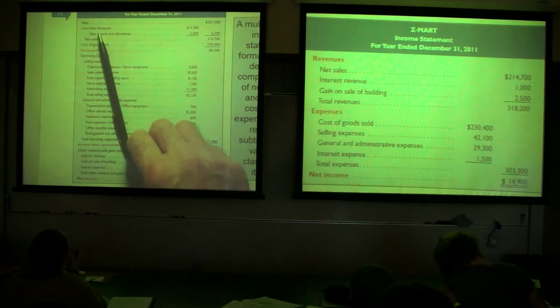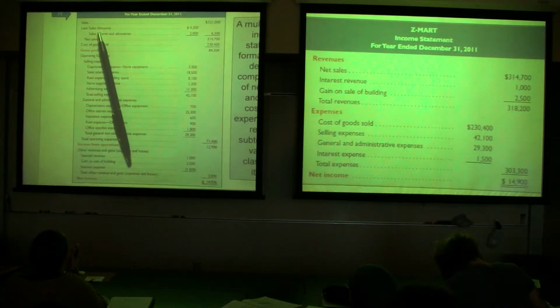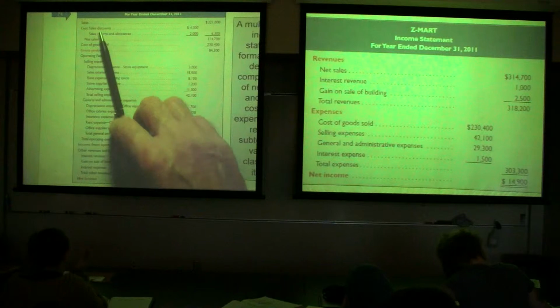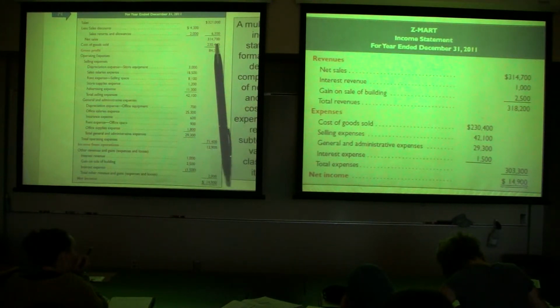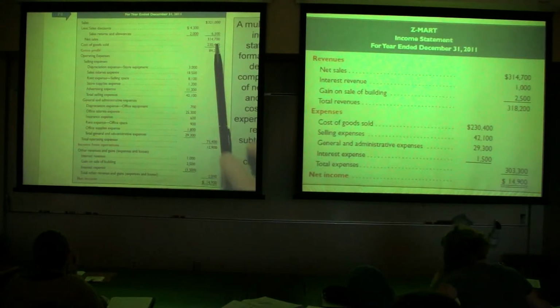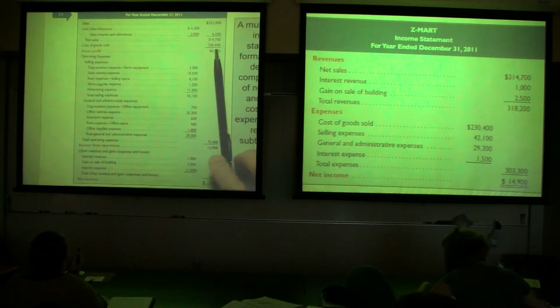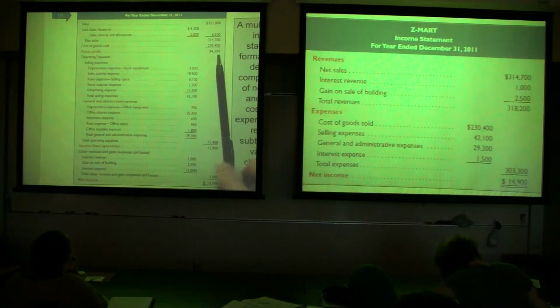If your customers take a discount, if you don't receive the money, it's not a sale. So those two added together is 6,300. So net sales is 314,700. And so net sales is really what your sales are, right? Because if you don't get to receive the cash and your customers bring it back, it's really not a sale. Then you subtract your cost of goods sold, and that gives you your gross profit.